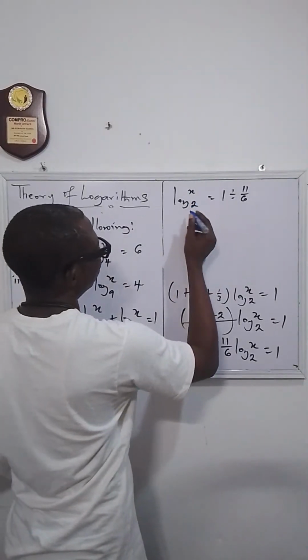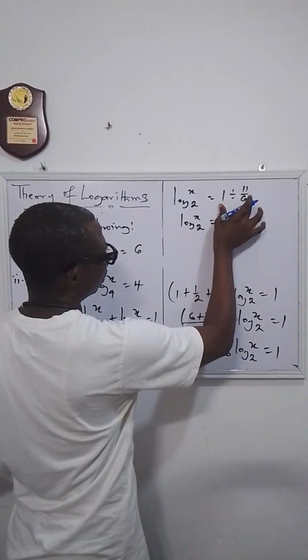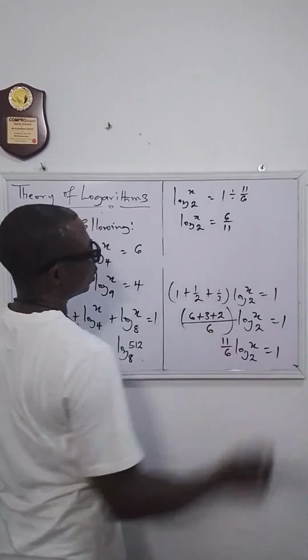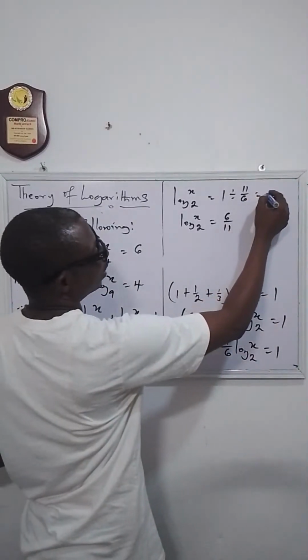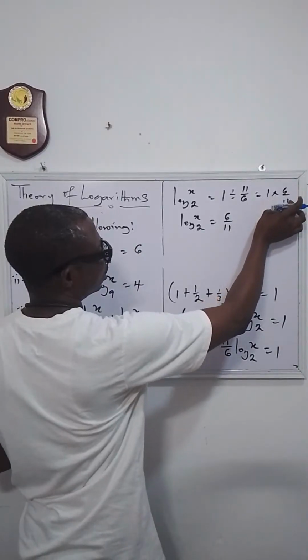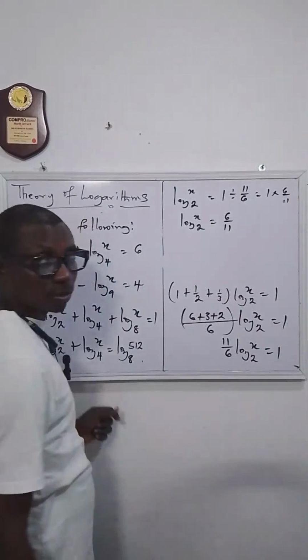So this is the same thing as log of x base 2 equals 6 over 11, right? Because this one gives you 1 times 6 over 11. So 6 over 11 times 1, that's 6 over 11.